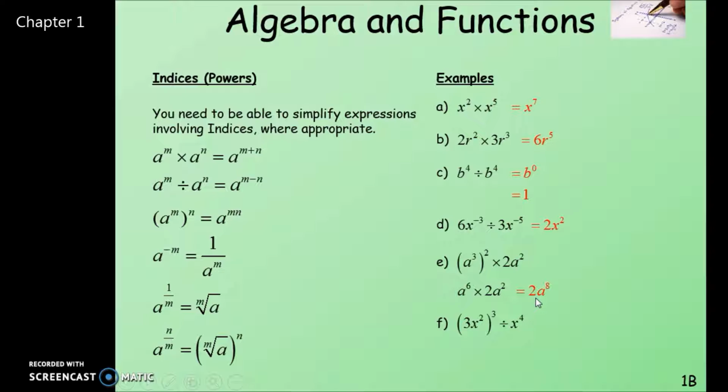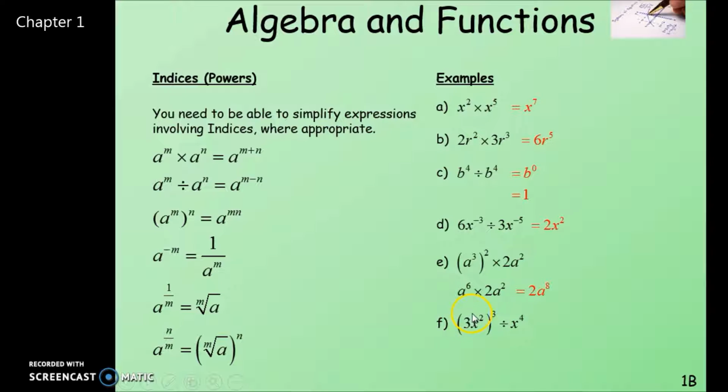And f, the last one, is, again, we're going to simplify this. So this is another situation where you probably need to take a bit of care, because you've got two things in this bracket. You've got an x squared and you've got the 3. Now the power on the 3 is actually a 1. It's 3 to the power of 1. We don't write the 1 in, but you can imagine you've got to times all the powers in the bracket by the 3 that's outside.